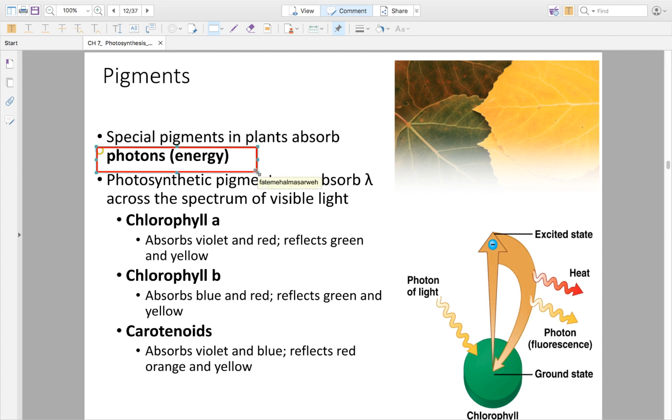Photons of energy. Inside of our plants, we have pigment. We also have pigment in humans. Ours is melanin, right?